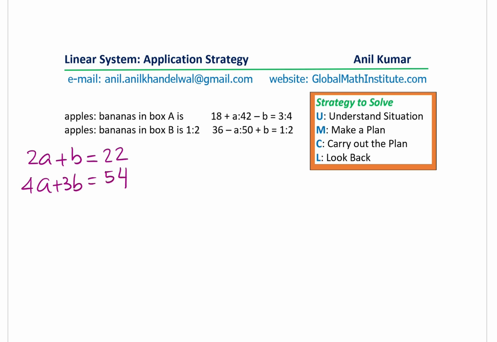So these are the two equations. Now to solve them, we could adopt the method of substitution or elimination, right? So we could do any of those methods. So it is up to you.